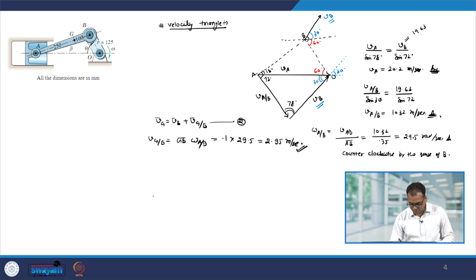So, we have Vb, which is equal to 19.63, and this makes a 30-degree angle from the horizontal, and we have Vgb. So, this is my Vb, we have Vgb, and that makes an angle of 72 degree from the horizontal.